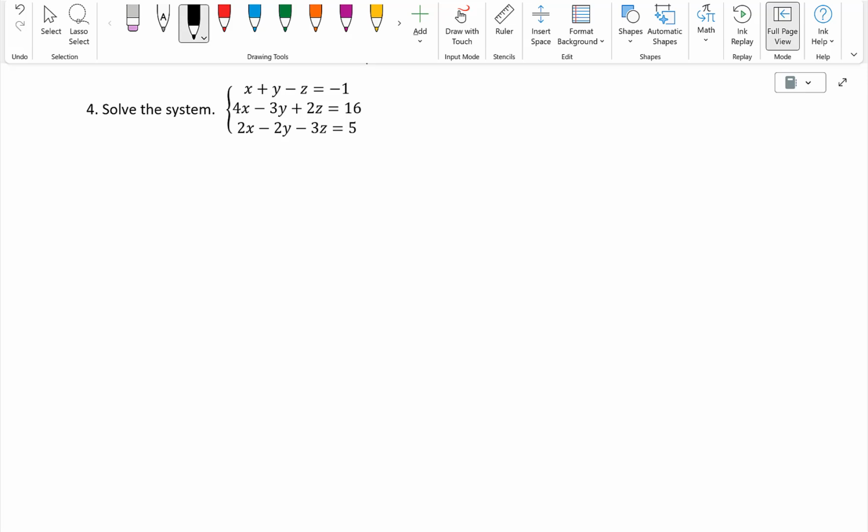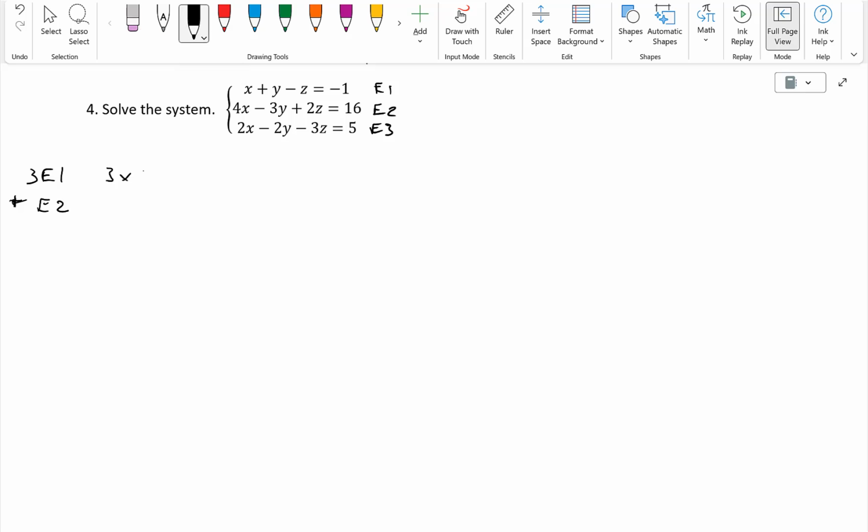But we are going to call these equation 1, equation 2, and equation 3. And so to make my set of opposites, I'm going to do some work in my head first. I'm going to say we're going to do 3 times equation 1 to get my opposite y's here, plus equation 2. All right, so let's do our work here.